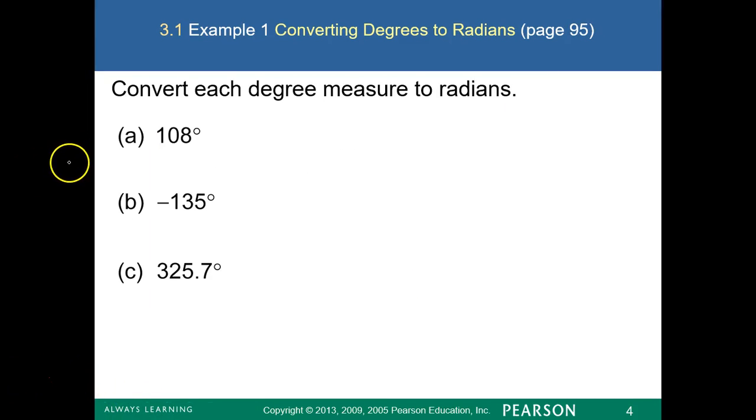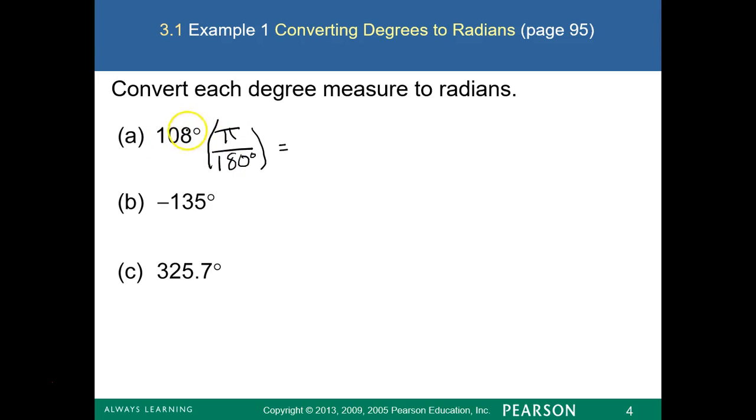Here we're asked to convert each degree measure to radians. As I said before, we multiply by pi over 180 degrees and then simplify. This is like saying 108 degrees times pi over 180.